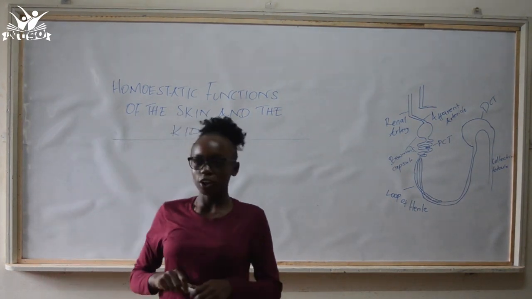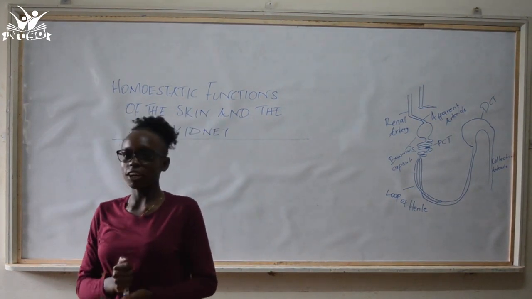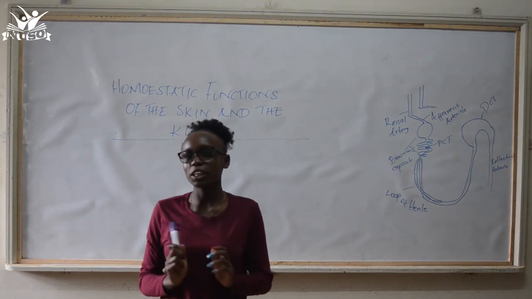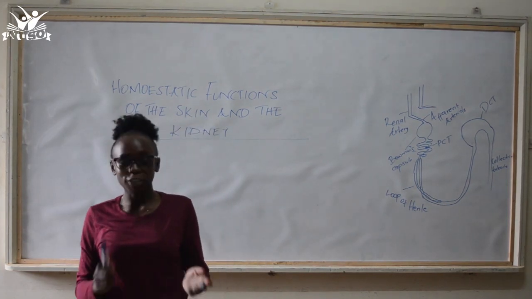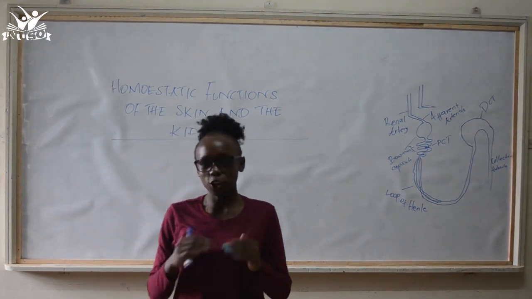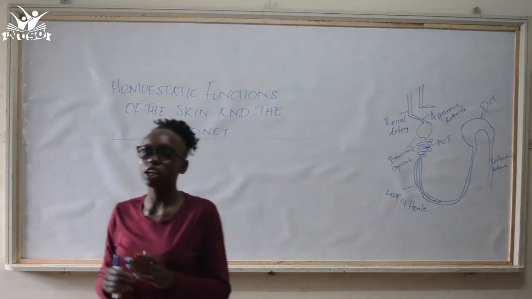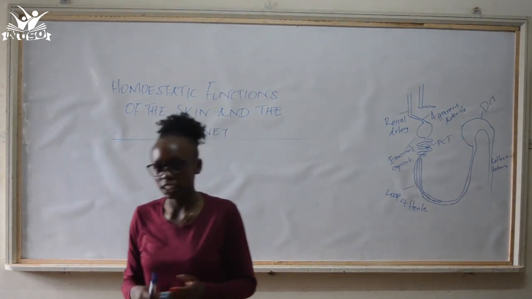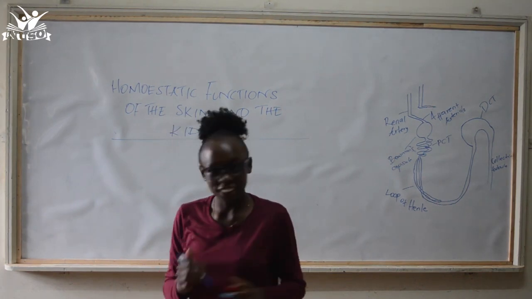First of all, homeostasis is the self-adjusting mechanism that functions to maintain steady conditions in the internal environment of a living organism. So we are going to begin with the skin.